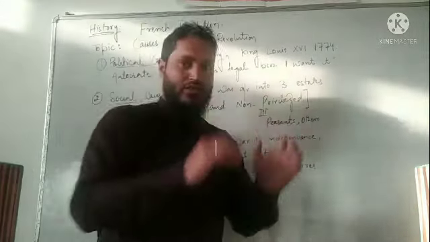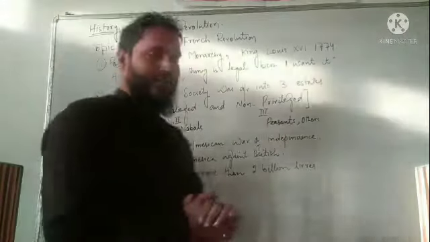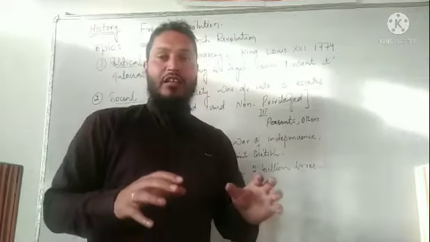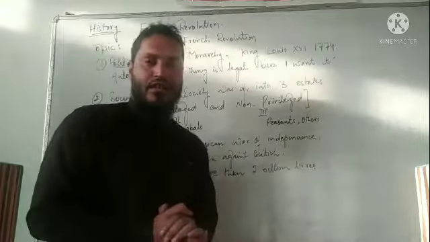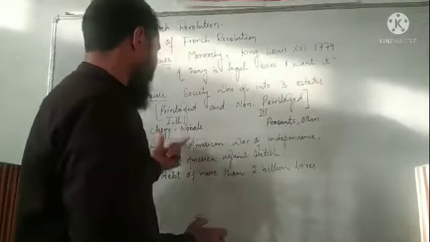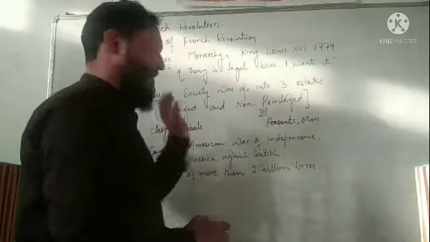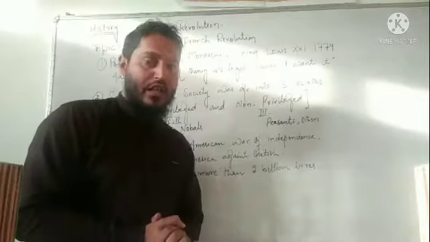The high posts were auctioned by the privileged class, and the king also had good relations with the privileged, because the king had benefits and opportunities from the first and second class people. Why?